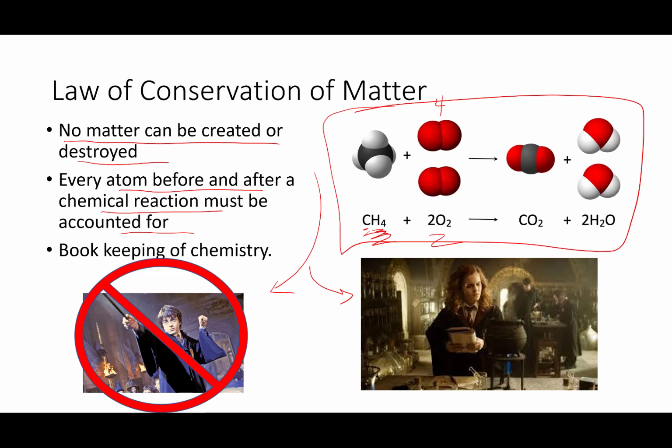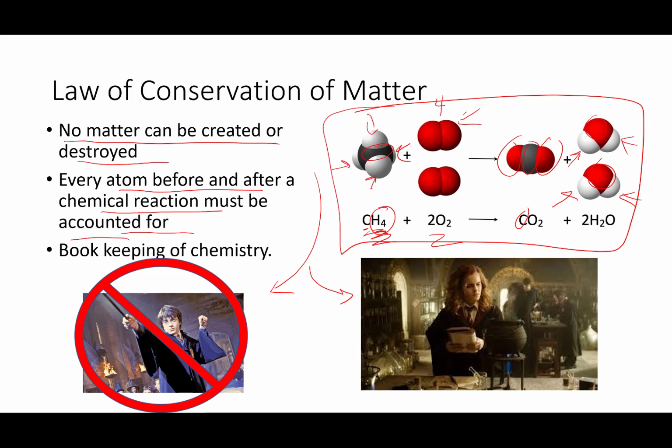At the end, there is going to be 1 carbon, the black molecule represented here, 4 oxygens, 1, 2, 3, 4, represented by the red molecules here, and 4 hydrogens represented by the white molecules here. And every single one has to be accounted for in that chemical reaction. They can't magically appear, and they cannot magically disappear.